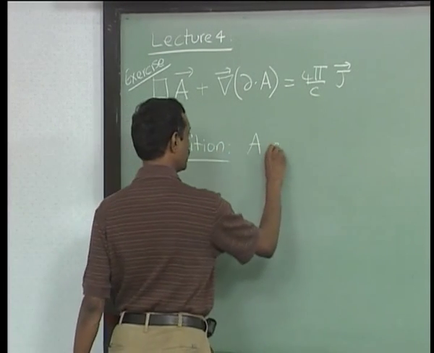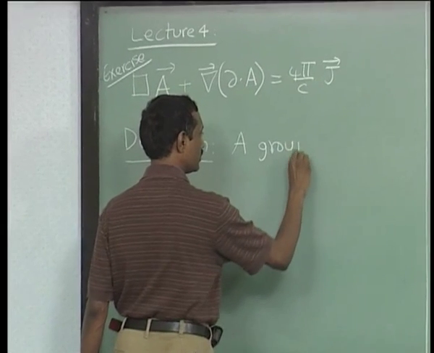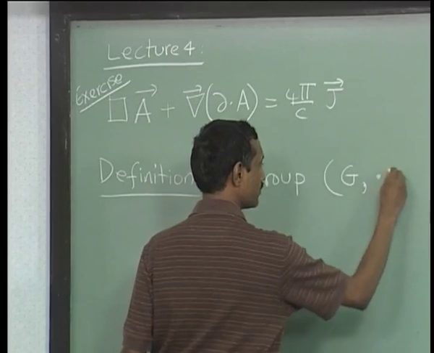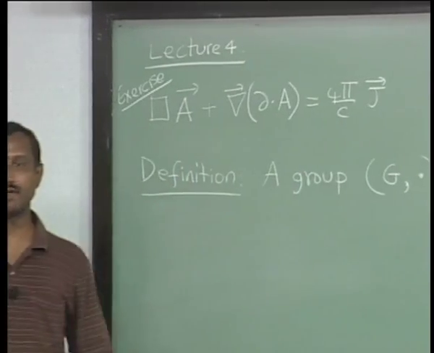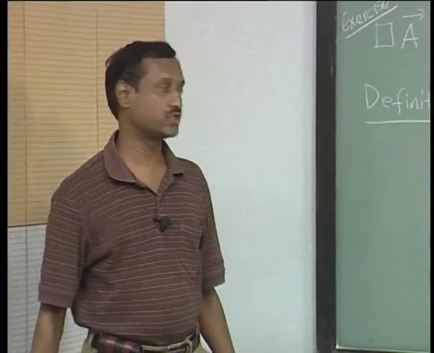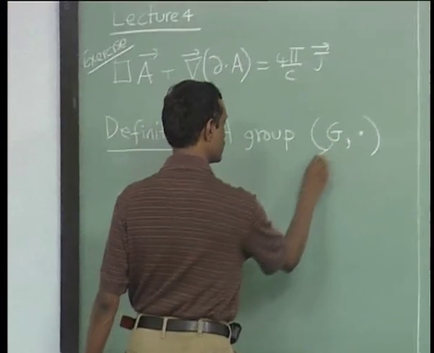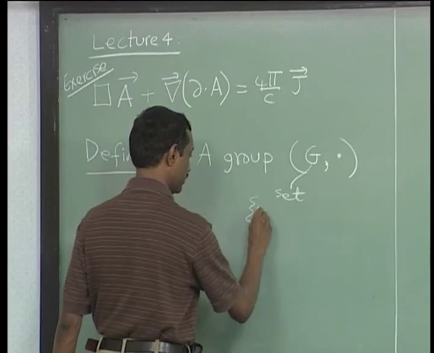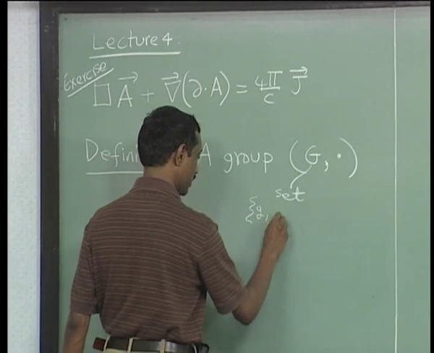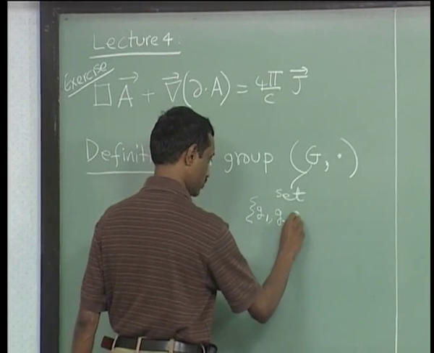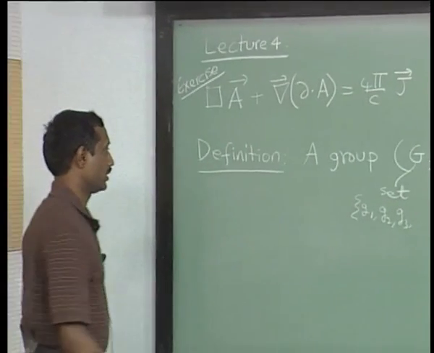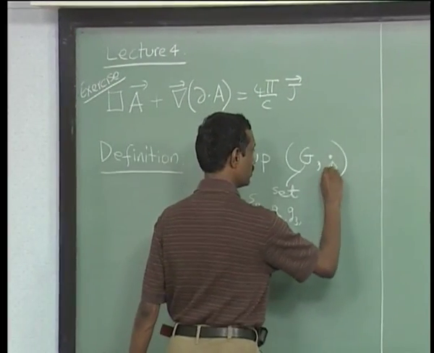A group consists of two things, a set G and an operation which we will indicate with a dot, which is a composition rule. Okay, so, this consists of a set, and let us just say that we will write elements G1, G2, G3, and this is the composition rule.